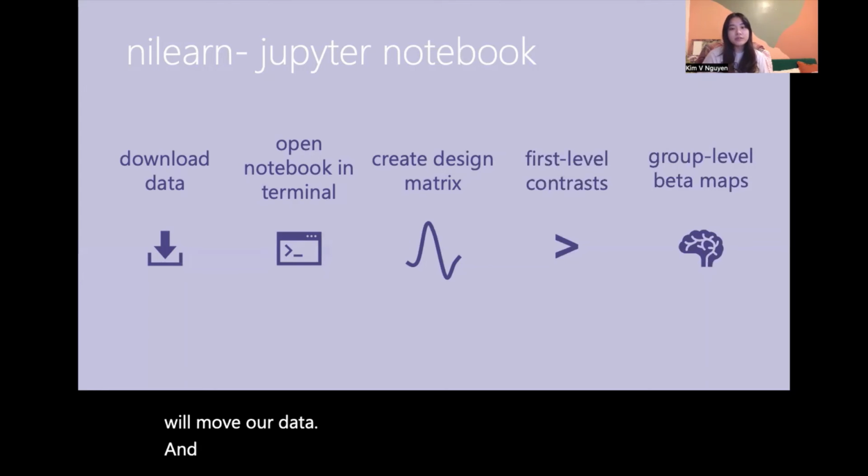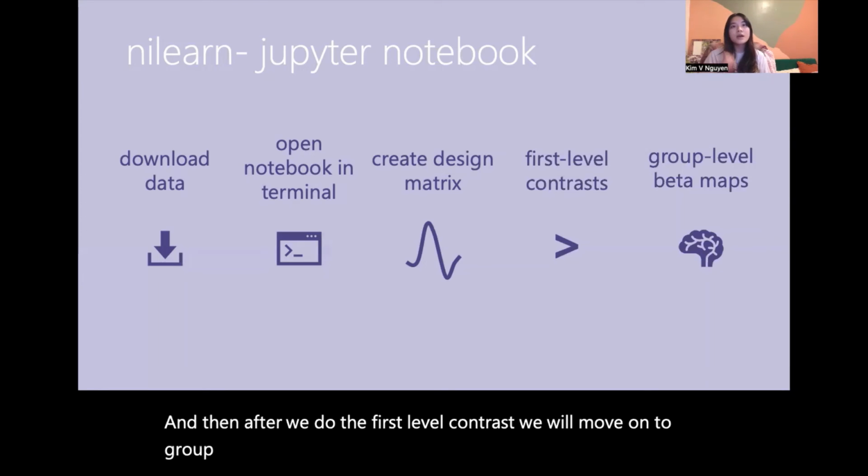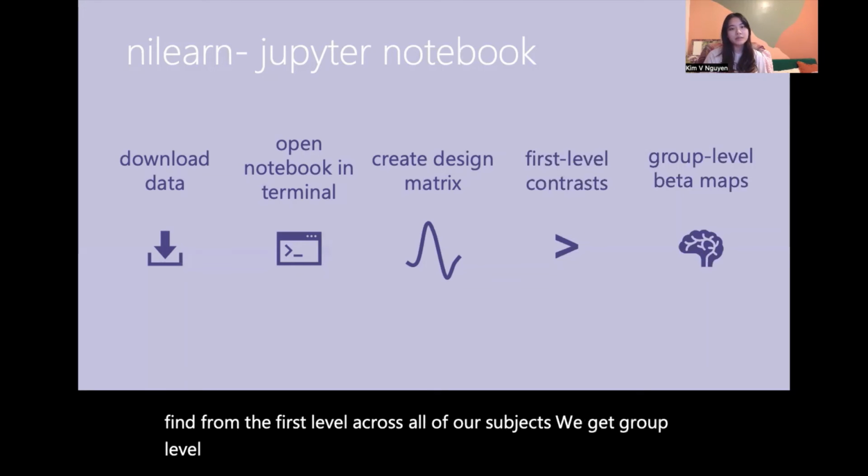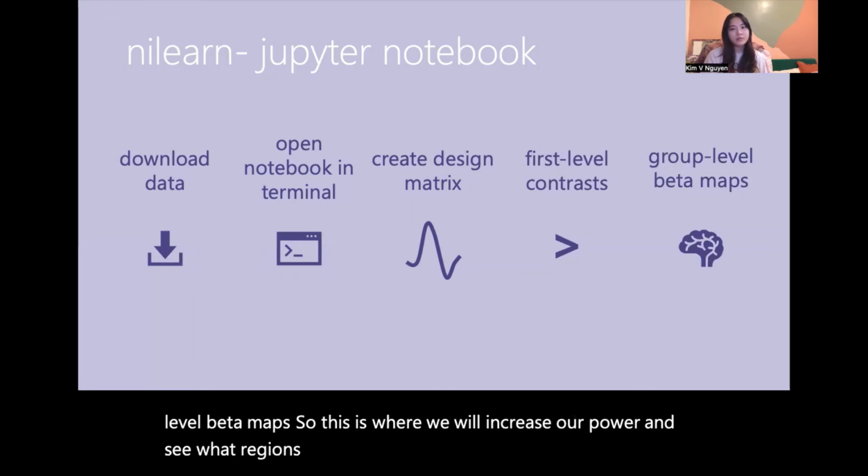And then after we do the first level contrast, we will move on to group level analyses. Here we will average the activation that we find from the first level across all of our subjects to get group level beta maps. This is where we will increase our power and see what regions are being activated when we're comparing the contrast between the conditions.